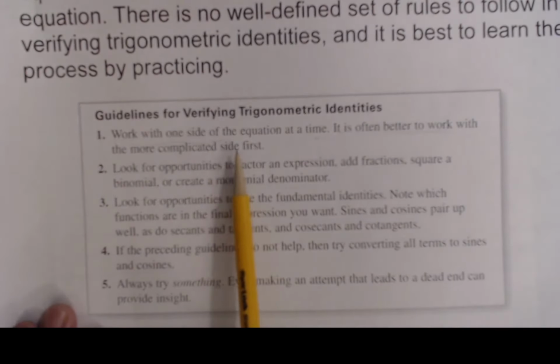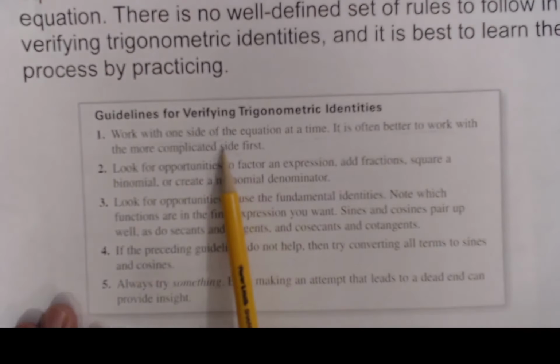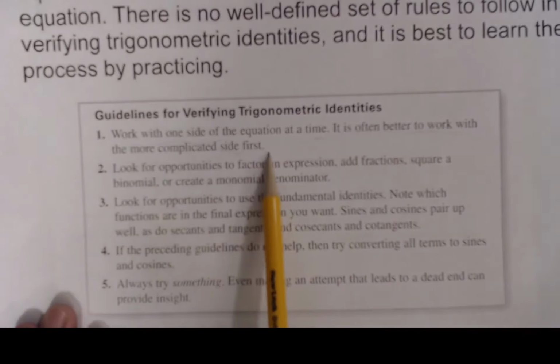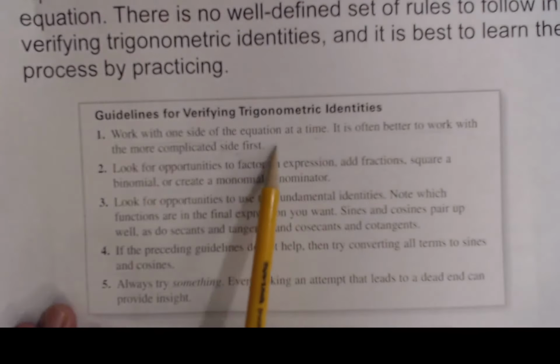Look for the complicated side, meaning more numbers, longer equations. That is complicated most of the time, but not all the time. Then work on that side to be equal to the other side.